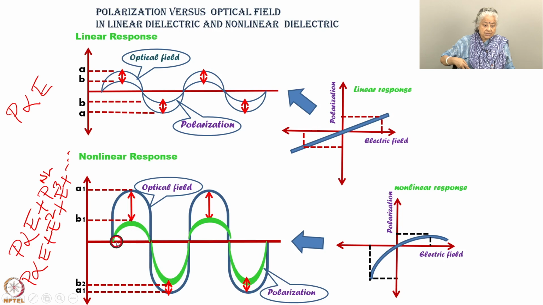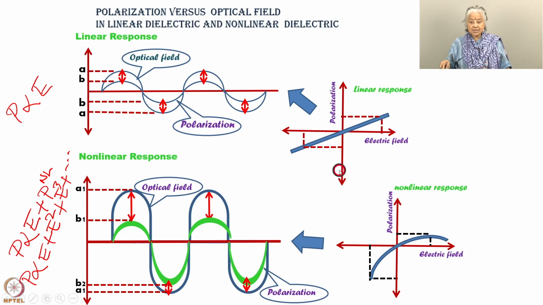Just notice this: when there is a positive electric field, the positive part of the lasing field, you have this much difference between polarization and E at the center. But at this negative part, the polarization has also increased, and the difference is very small. So, this part of your electric field induces only that much polarization, but this part induces a much larger polarization.